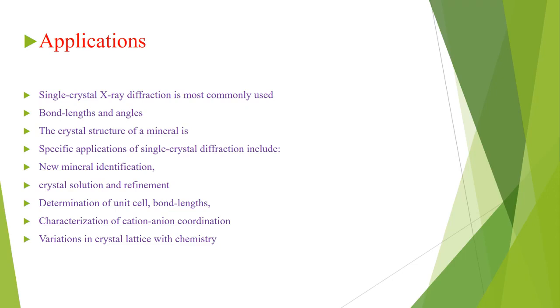Second is the determination of the unit cell, bond length, bond angles, and site ordering. By using this single crystal X-ray diffraction technique, we can determine the unit cell of that crystal, we can also determine the bond length, the distance between the atoms, and the bond angles at which certain atoms are attached to one another, and their site ordering.